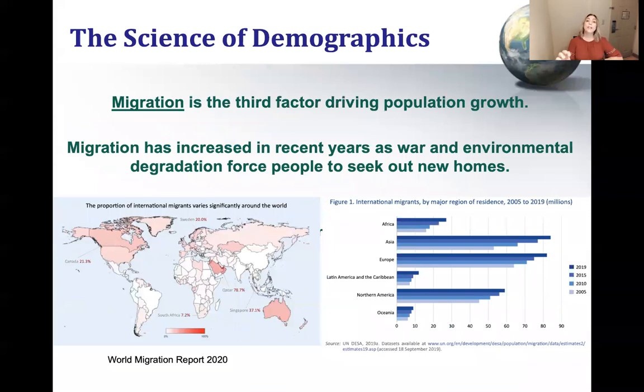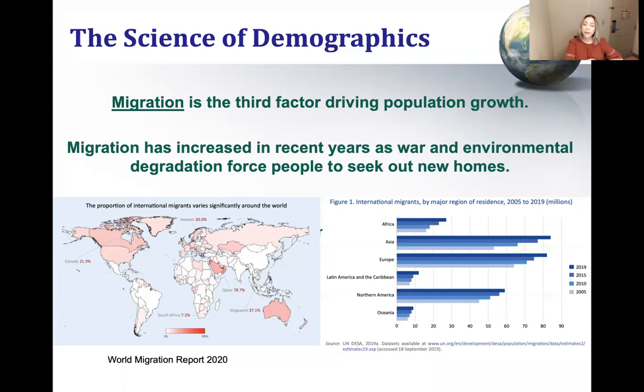There we go. The third factor affecting population growth is migration. Now, remember I told you that was immigration, people coming into an area, and emigration, people leaving an area. Migration doesn't add people to the global human population, but it does change how many people are in certain areas.